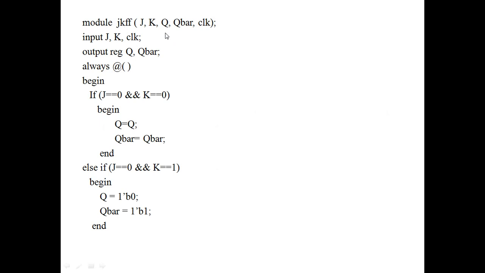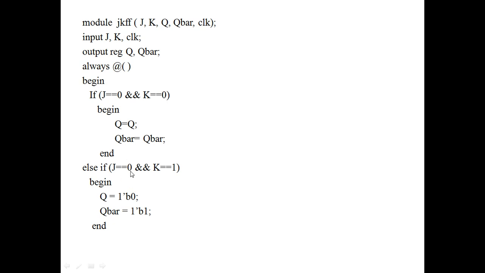Module declaration, input-output declarations. When J is equal to 0 and K is equal to 0, the previous state is remembered by the flip-flop, or flip-flop holds the previous state or current state.